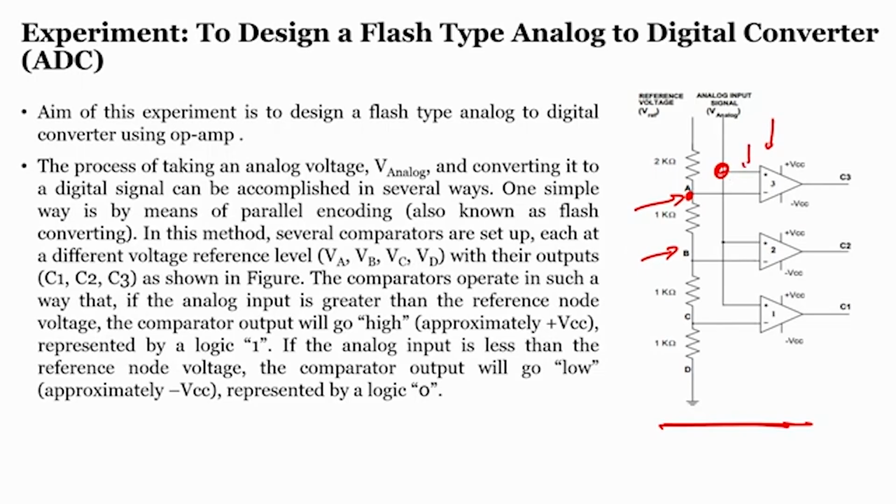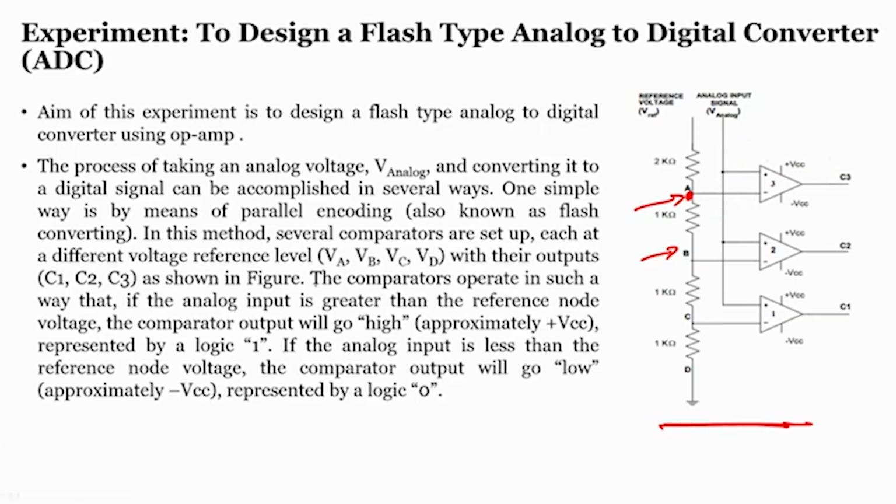If this goes higher than this value, the comparator is high. If this one is lower, that means the inverting terminal is higher than the non-inverting terminal, or the non-inverting terminal is lower than the inverting terminal, the output will be low. This is how it works. We already have seen the operation of a comparator.